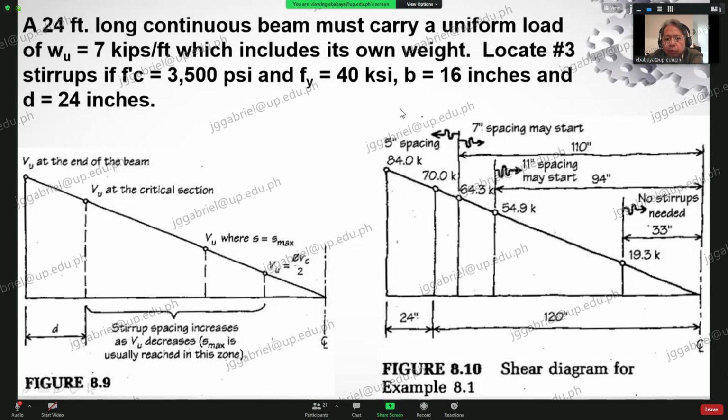Later on, we will find that the spacing at the critical region is 5 inches.